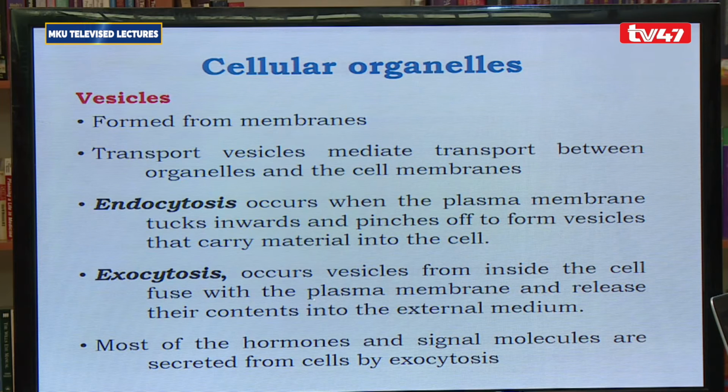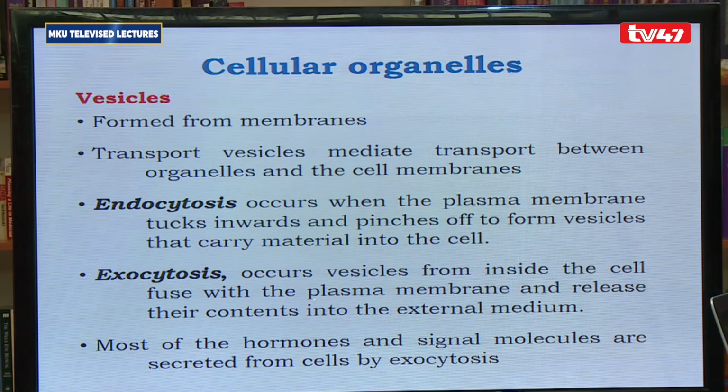So we have two processes: endocytosis, which occurs when the plasma membrane tucks inwards and pinches off to form vesicles, and exocytosis, which is when vesicles from the inside of the cell merge with the plasma membrane and release their contents outside the cell.